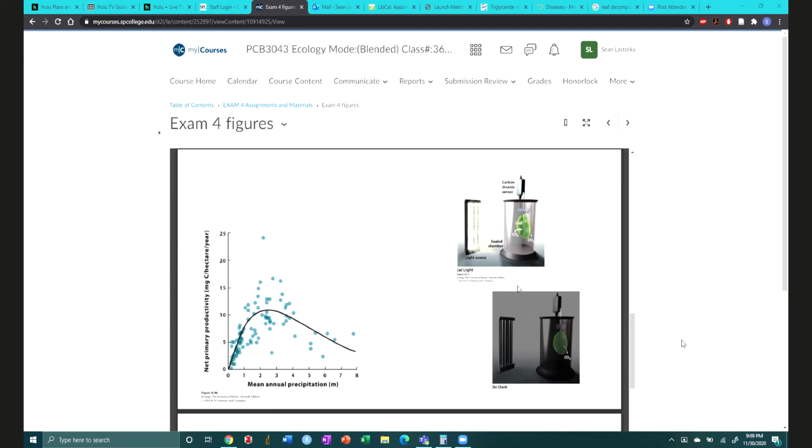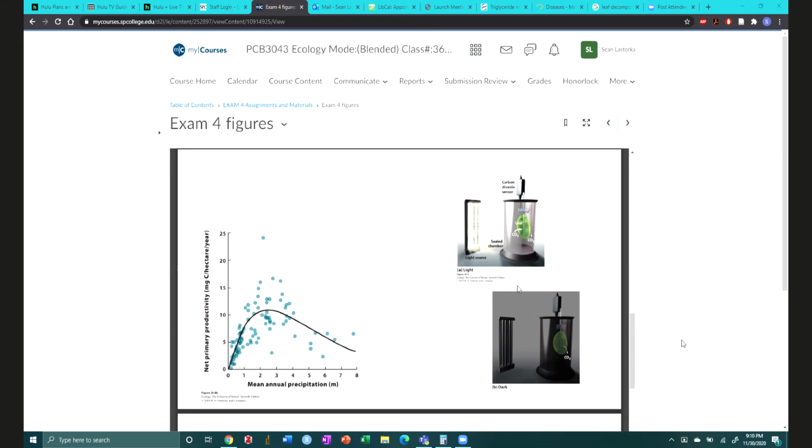For this graph, mean annual precipitation, net primary productivity. So basically it shows that plants like about 2 to 3 meters of rain and don't do well with 0 and don't do well with 8.